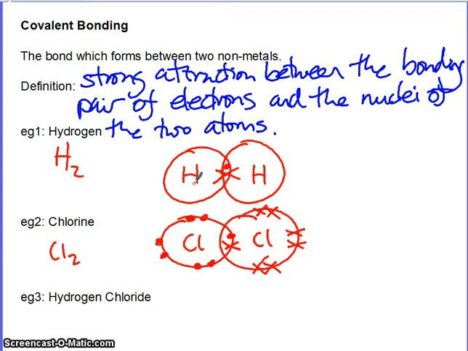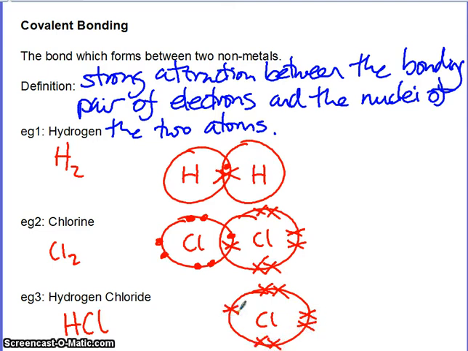Now you'll notice that we formed here covalent bonds between 2 identical atoms. Covalent bonds don't always form between 2 identical atoms. So for example, hydrogen chloride. Now hydrogen chloride is HCl. Hydrogen, we've already seen, has 1 electron in its outer shell. Chlorine actually has 7 electrons in its outer shell. So what actually happens is I'm going to draw chlorine first of all. There is my 7th electron.